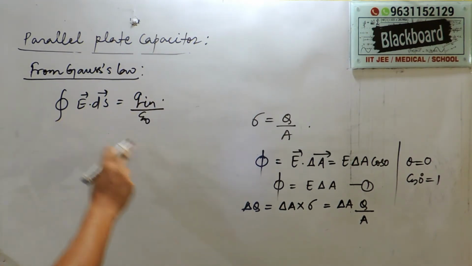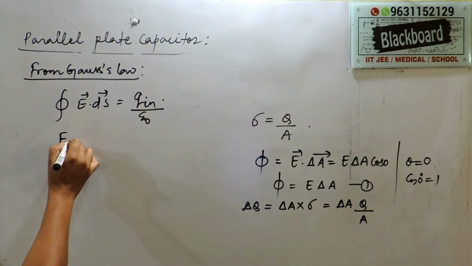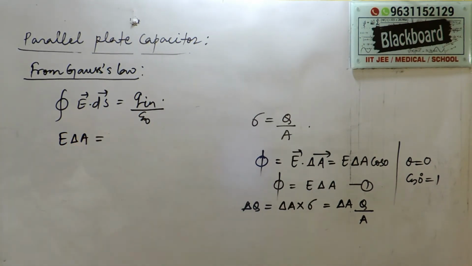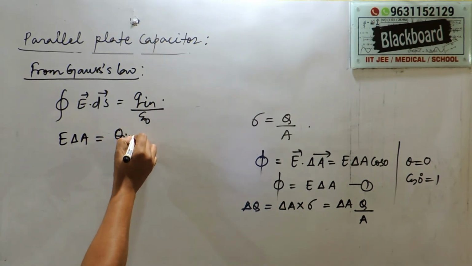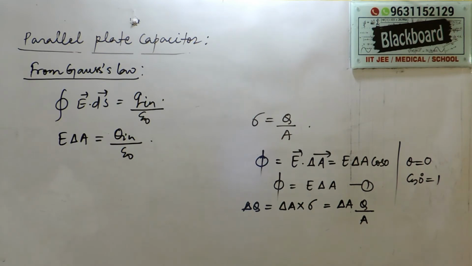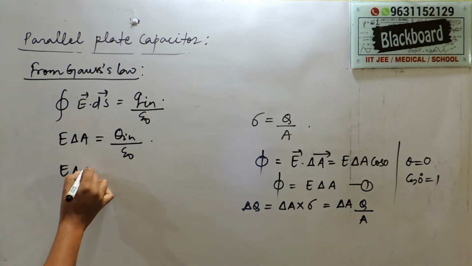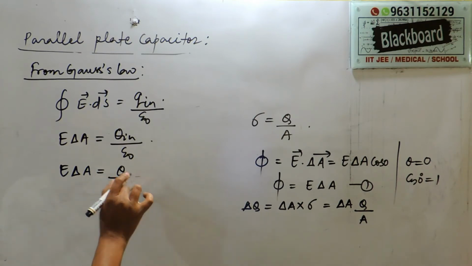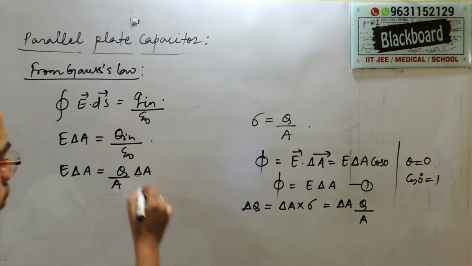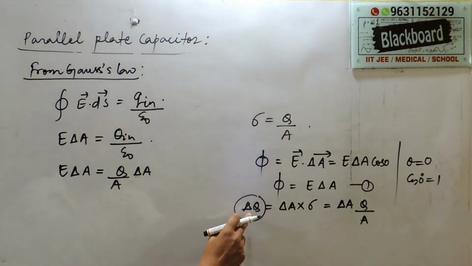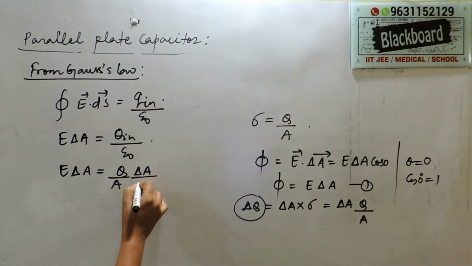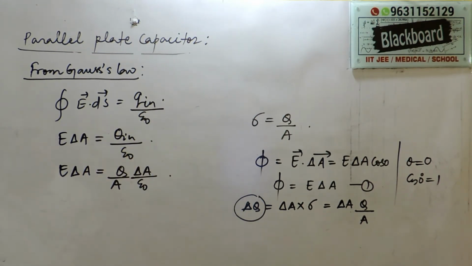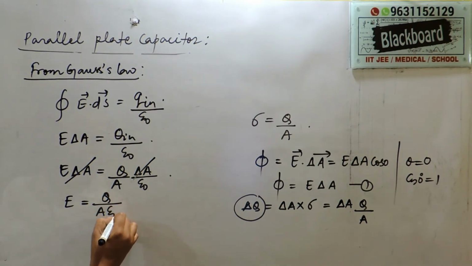Here this region gives E dot del A, that means E del A, equal to charge inside divided by epsilon naught, and the charge inside is Q by A into del A. We have written del Q here from this region. So del A cancels, and E, the electric field, is equal to Q by A epsilon naught.